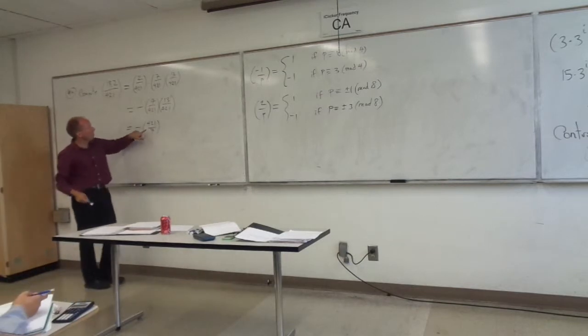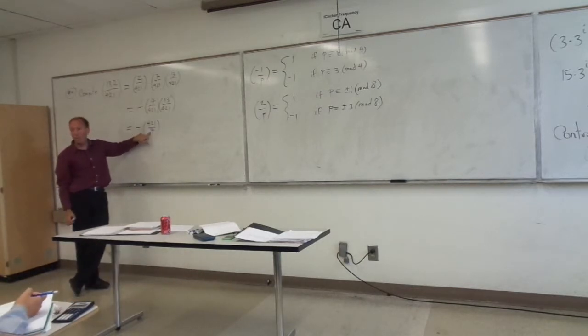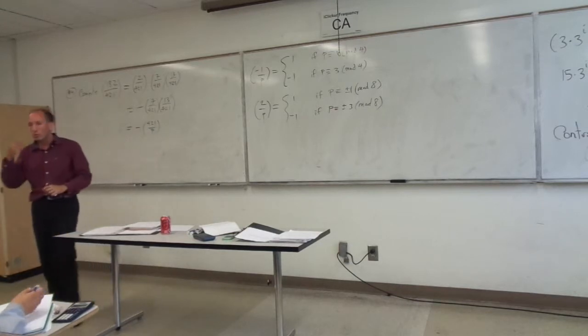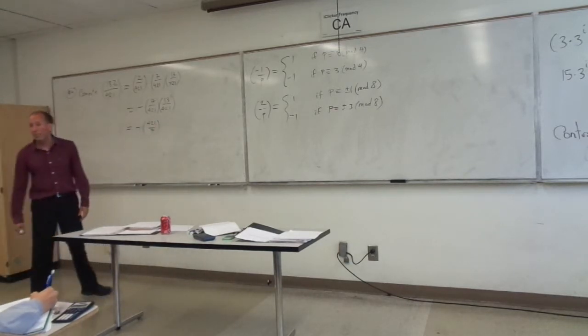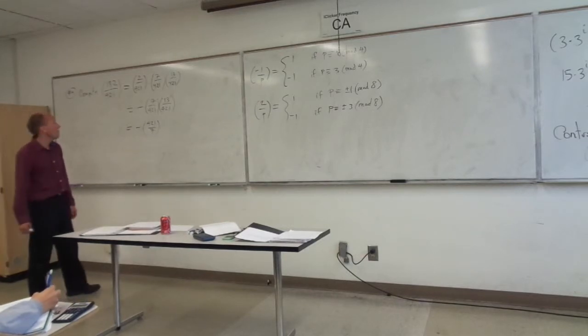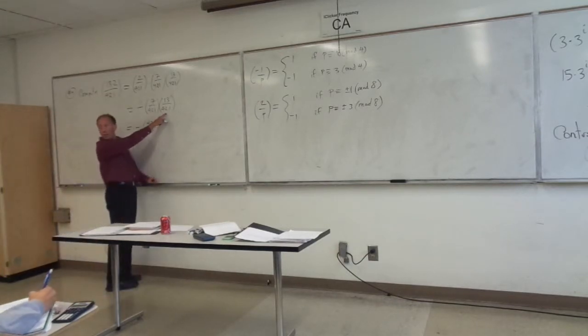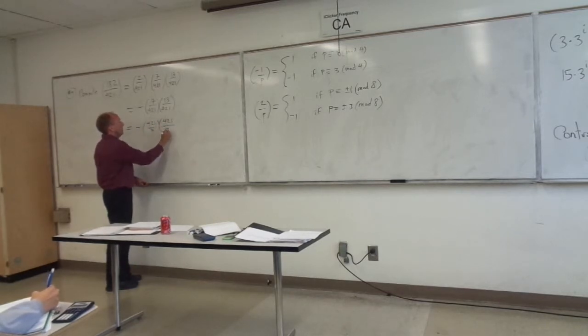In mod 4, 7 is congruent to 3, but 421 is congruent to 1. So because the 421 was congruent to 1 mod 4, we flip it over for free. No sign change. And that's going to apply to this one too. So I can flip them both over for free.